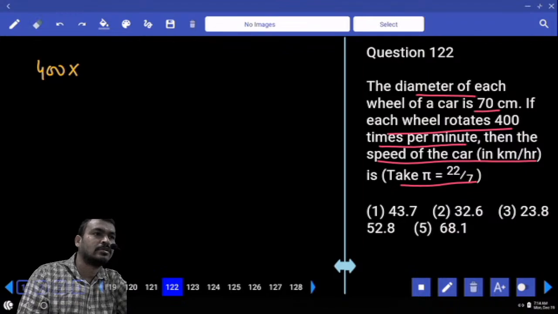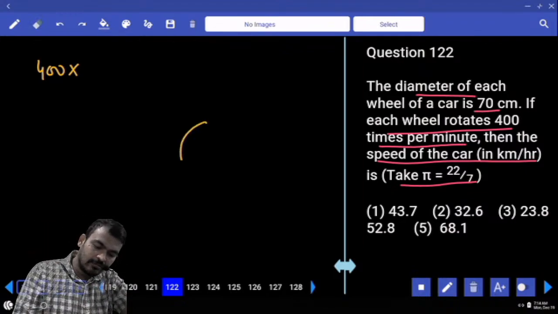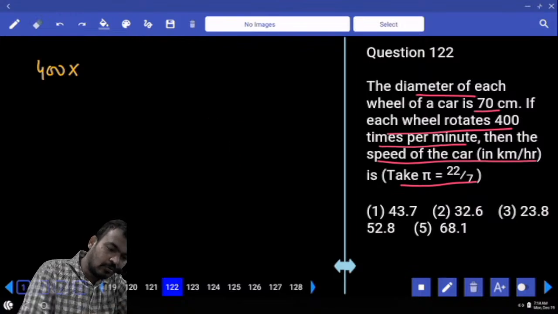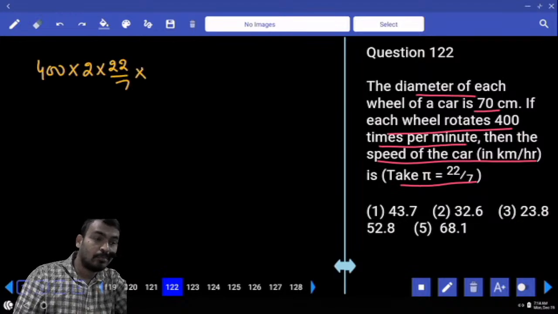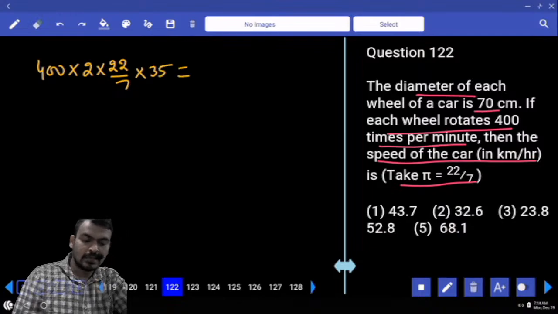Every rotation, how much distance is covered? 2 pi r. So we write 400 into 2 pi r. What is the r value? 35.